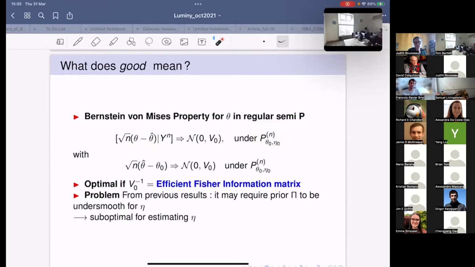But more importantly, you also want the frequentist counterpart of that, which says that the frequentist distribution of this centering point, centered at theta naught, which is the true parameter, also converges to a normal with mean 0 and variance V naught.